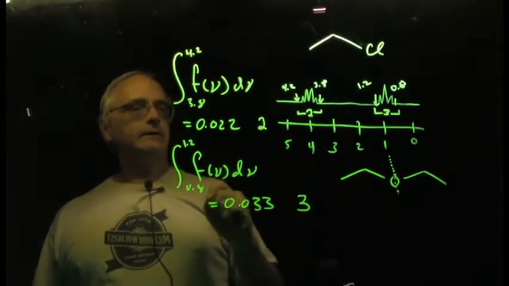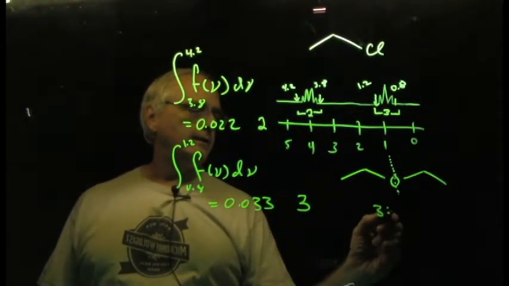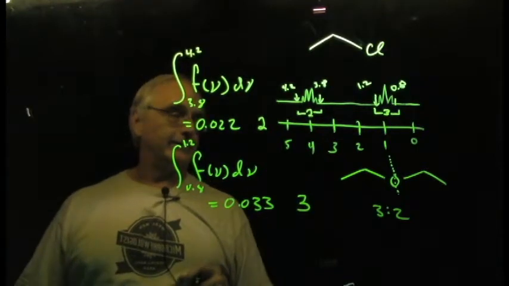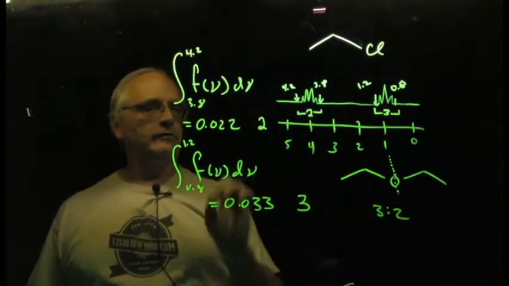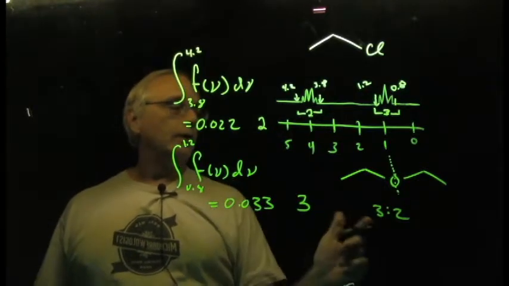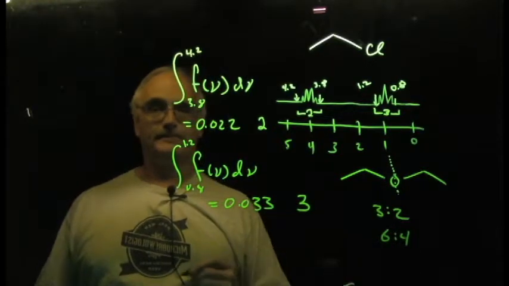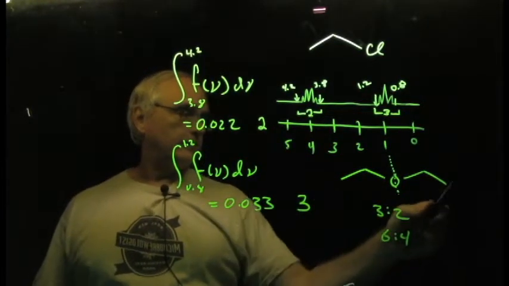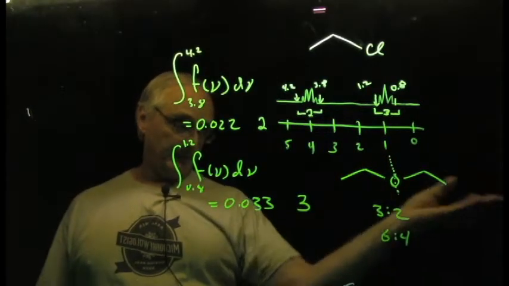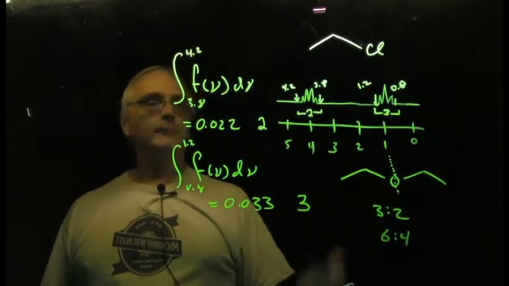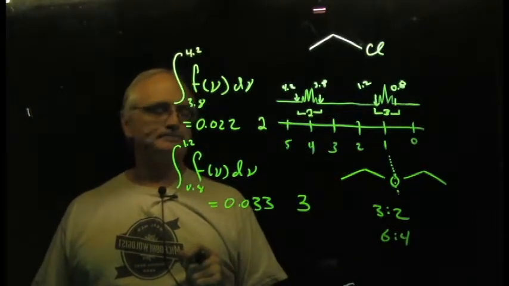If you then integrated, you would come up with the same 3:2 ratio that the ethyl chloride gave us. But we have to realize 3:2 is the smallest whole number ratio. What this really would be is 6:4. Okay? 6 protons total in this group on opposite sides of the mirror plane, 4 protons total in that group on opposite sides of the mirror plane.